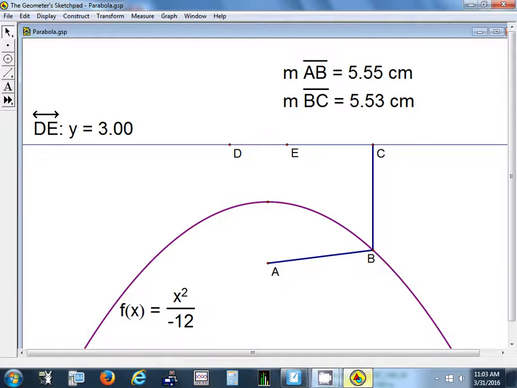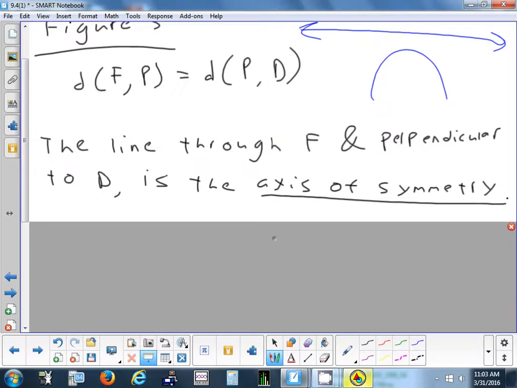So your focus is always inside the parabola and it wraps around it. So the focus might be somewhere in there. If I draw a line through F, perpendicular to my directrix, it gives me my axis of symmetry. So it cuts the parabola into 2 symmetrical parts.